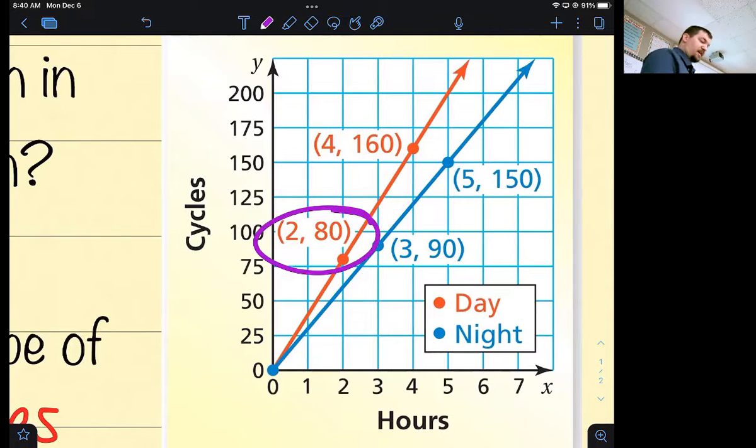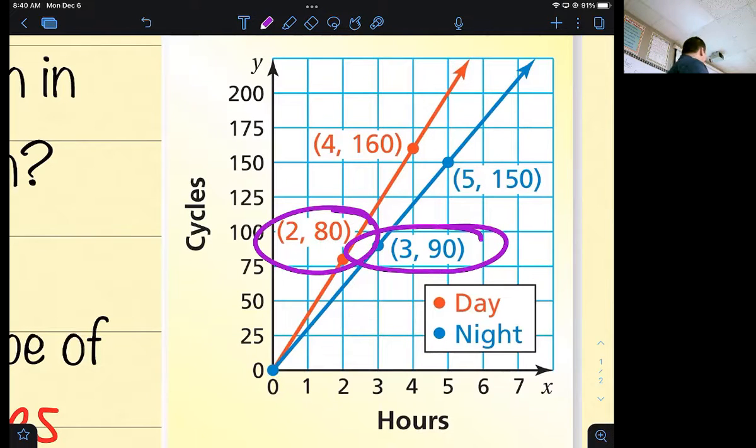So what's the k value of this line, the blue one? 30. Oh, you guys can already find k. Excellent. So it's a new vocab definition, constant of proportionality, something I haven't said before to you guys, but the idea behind it, what we've been doing, is the same. Now, can I use this point 4, 160 to get a k of 40?